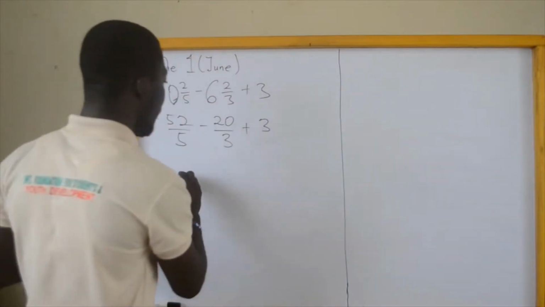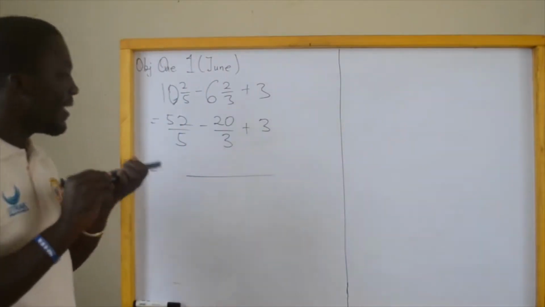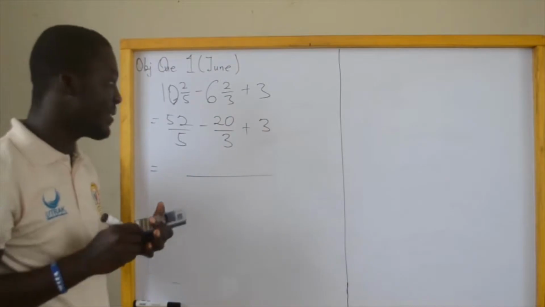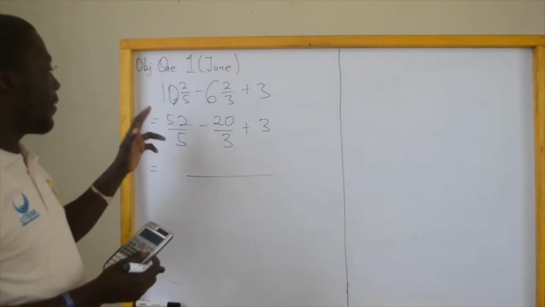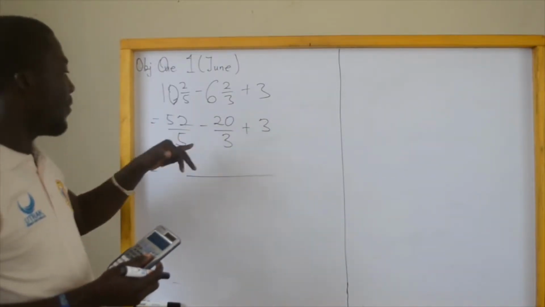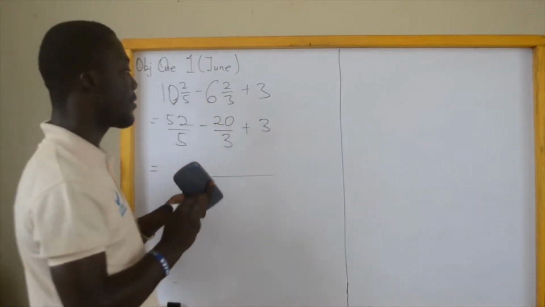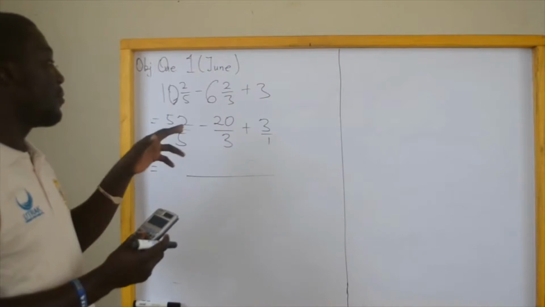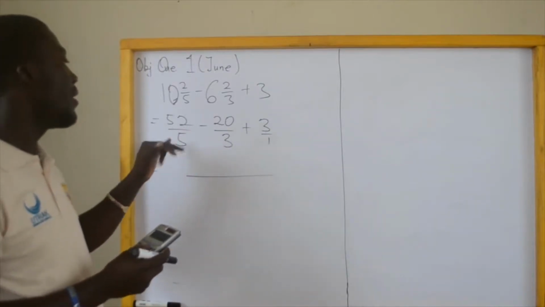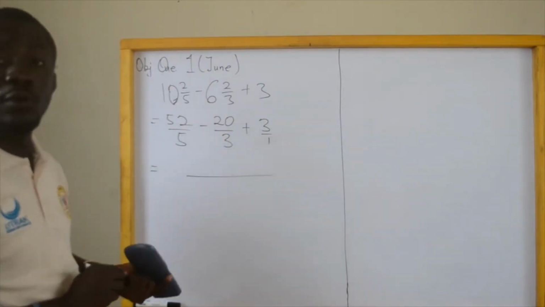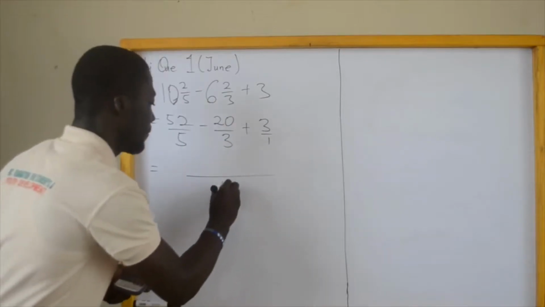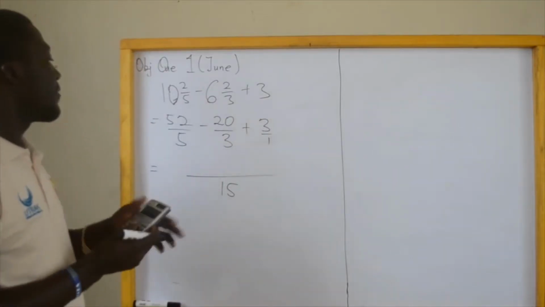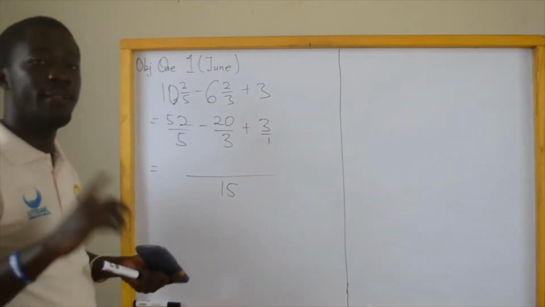Our next step, we find the least common multiple of these 3 terms. We have 5 here, 3, and of course, 1 is over here. So the least common multiple between these 3 terms will be 15. 5 goes into 15, 3.